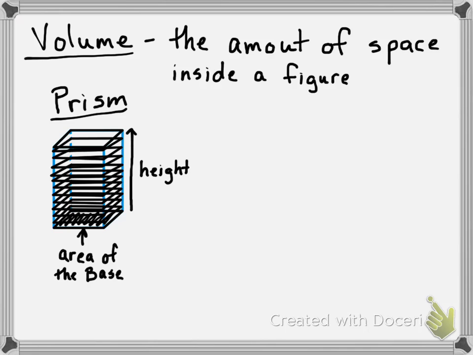So how would I figure out how much space all of these rectangles have? Okay? Because all of this space would be the volume. And that's what I want. Okay? So the volume is the amount of space on one of them, which is the area, right?